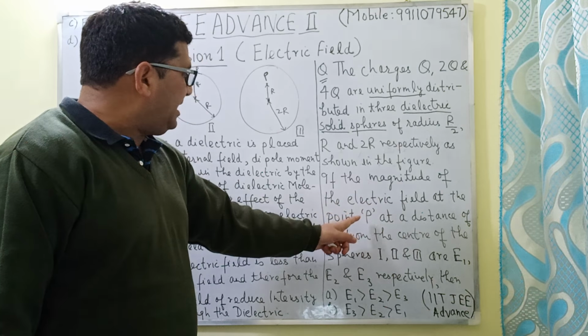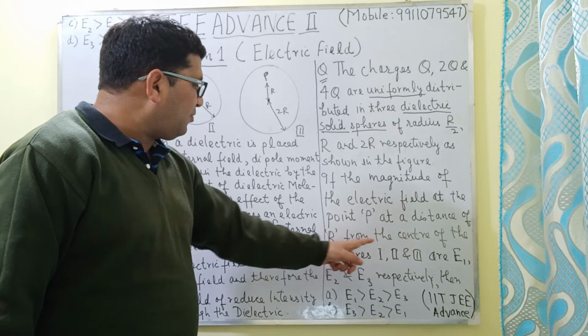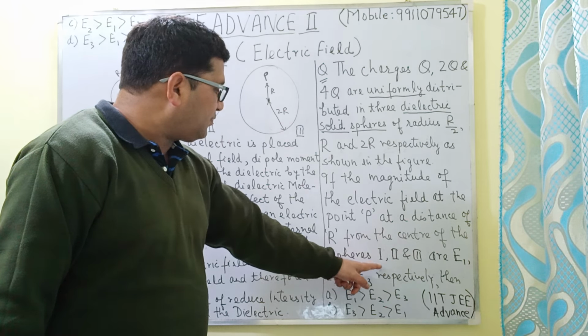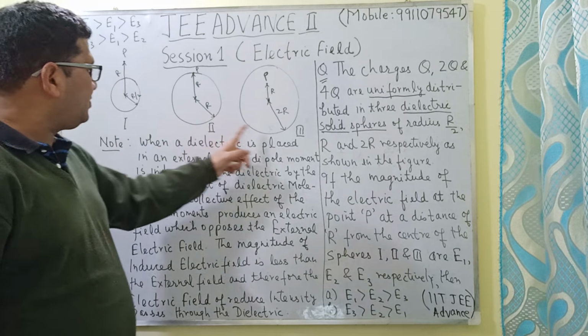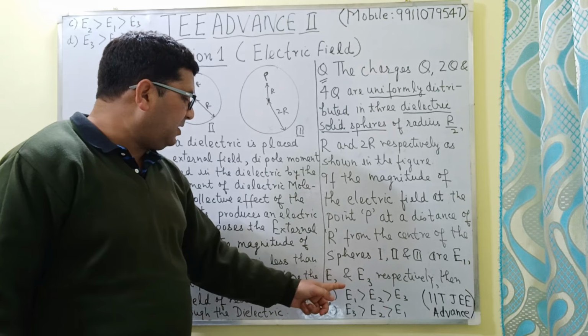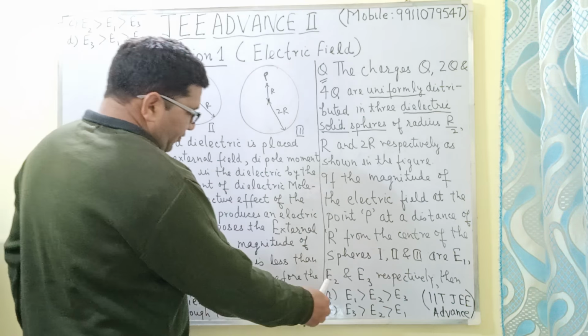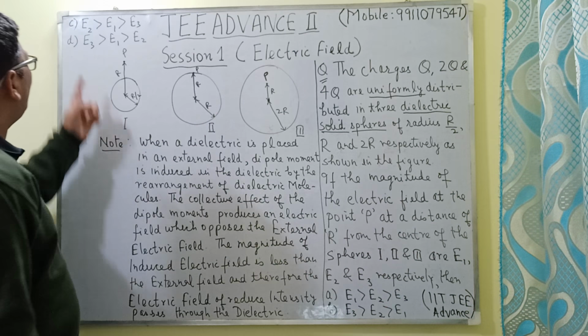If the magnitude of the electric field at the point P at a distance of r from the center of these solid spheres, that is 1, 2 and 3, are E1, E2 and E3 respectively, then we have to find the correct alternative out of these four.